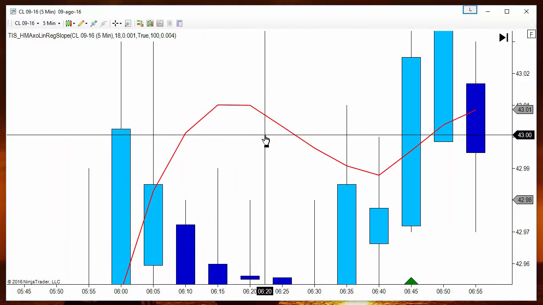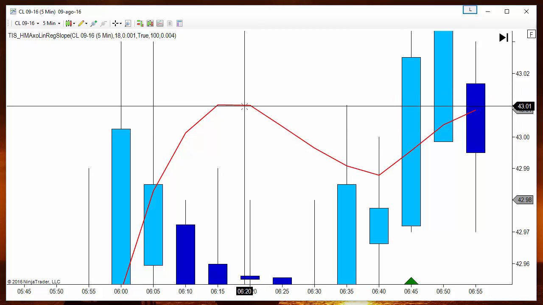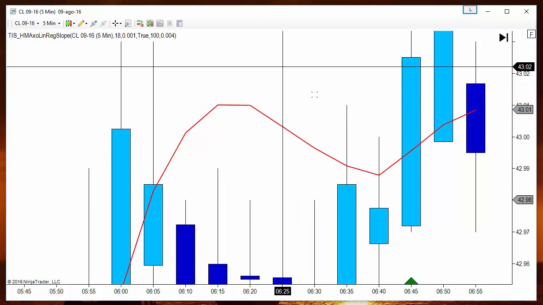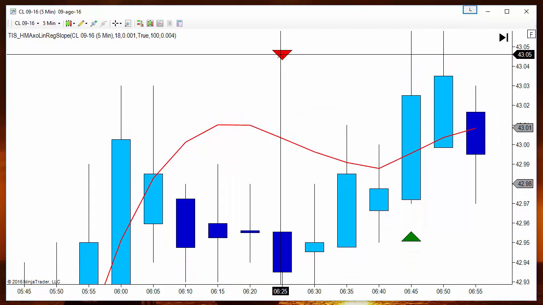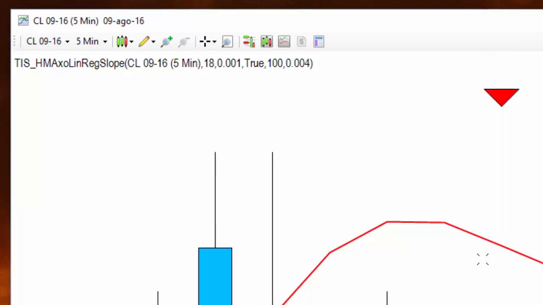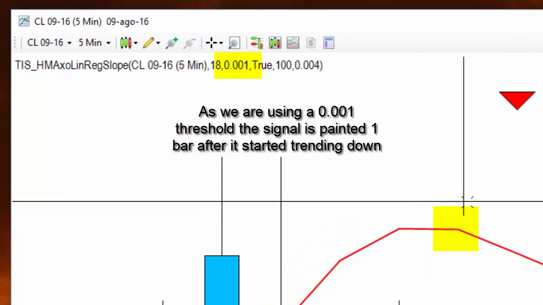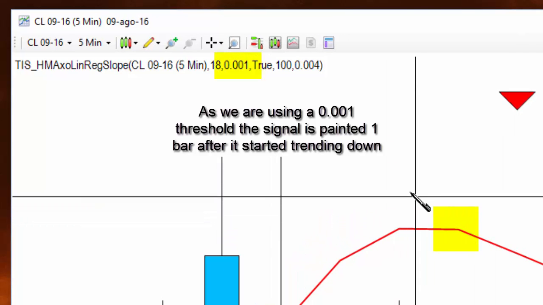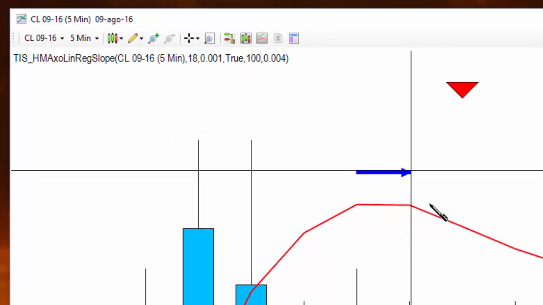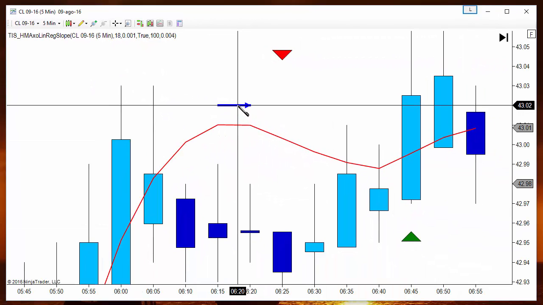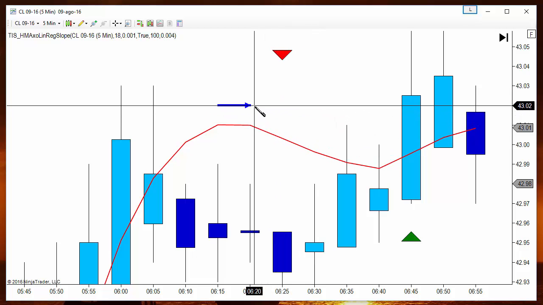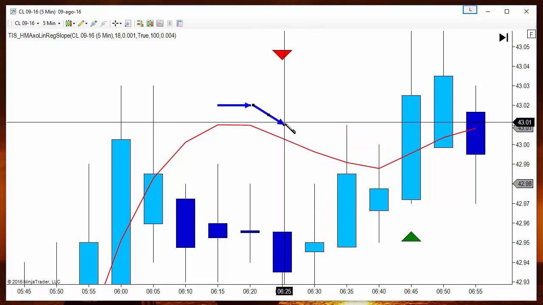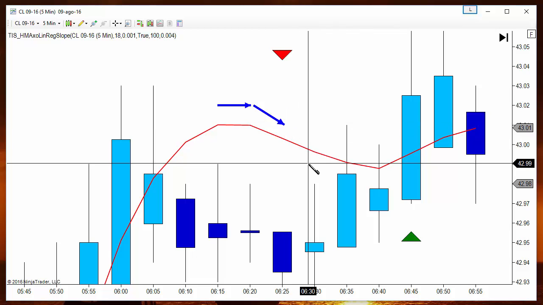So we need to define a way to choose at which slope we have a signal. On this indicator we can see that the signal is using a threshold of 0.001. So on the first point the slope is so small that we don't paint a signal.